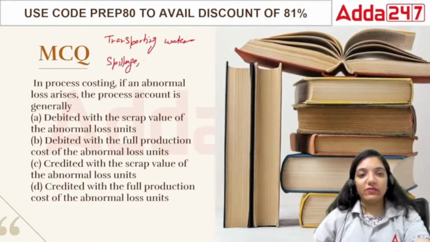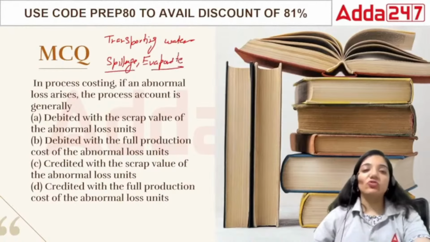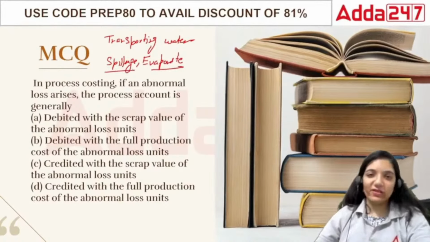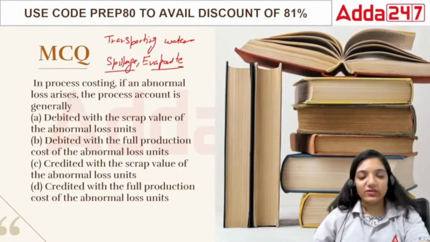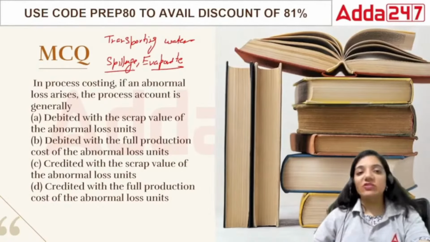Then if the weather is very humid or very hot, it would be evaporating. In terms of petrol, it normally evaporates when we are putting it, and when we are transferring the petrol in tankers, a part of it gets absorbed in the liquid.